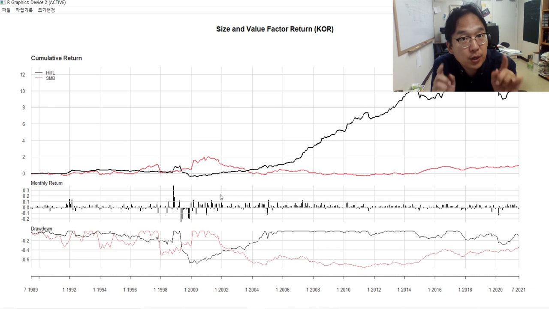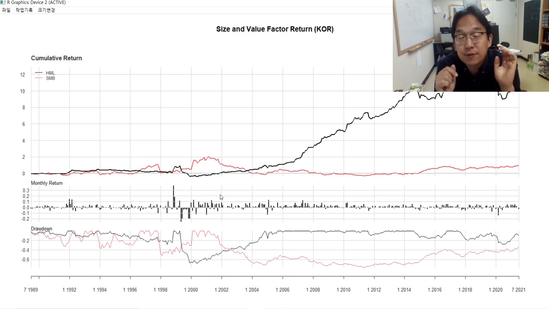In this video, we're going to go through an R code, how to backtest and see whether the size strategy must have worked or the value strategy must have worked in Korea over the past 30 years or so.